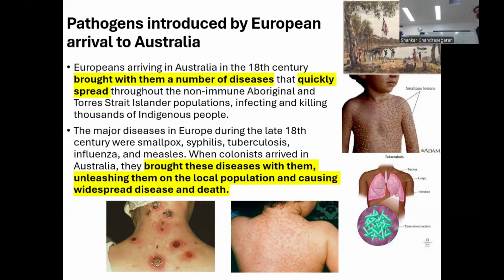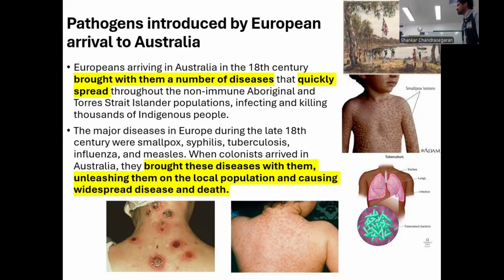And more often than not, the more developed society or community crossing paths with a population that has not developed so much will always affect the lower development, because that means that they haven't gotten the immunity to a lot of pathogens, right?